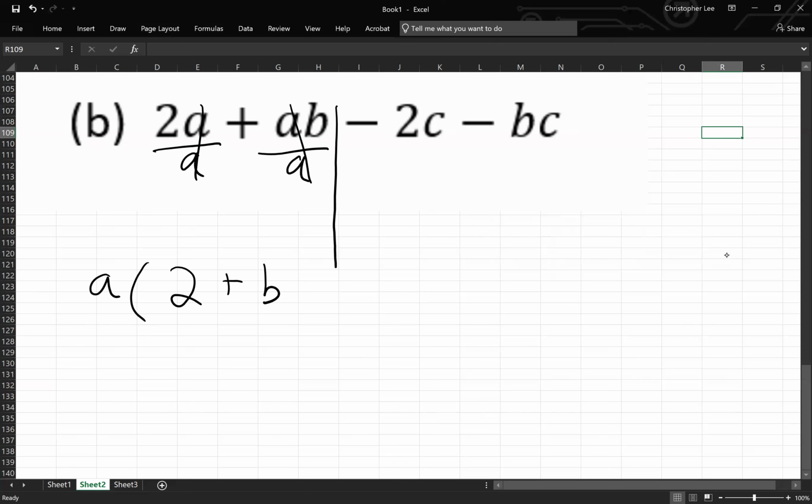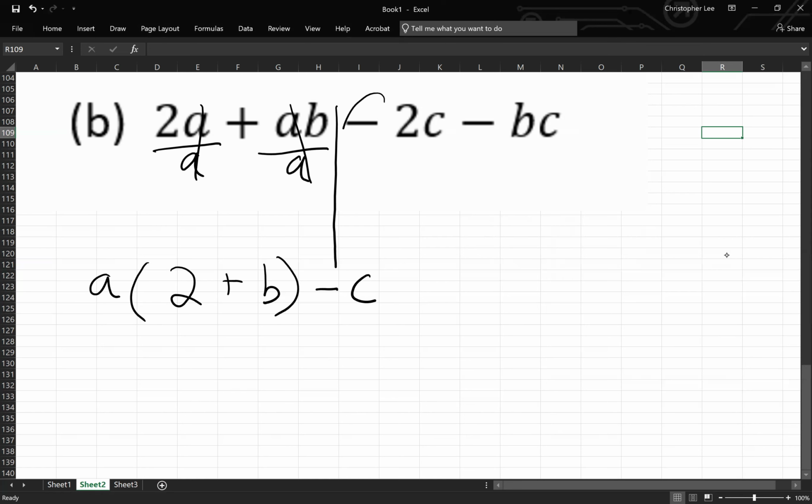Very good. For my right-hand group, which is negative 2c minus bc, what is my greatest common factor? Negative c, that's it. Take the sign. The sign of your leading term is the sign of your factor.